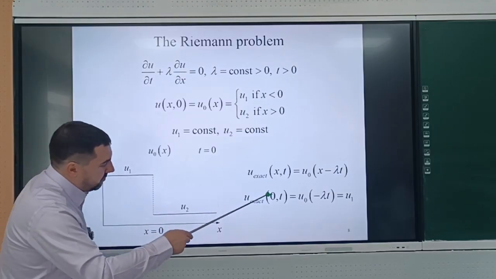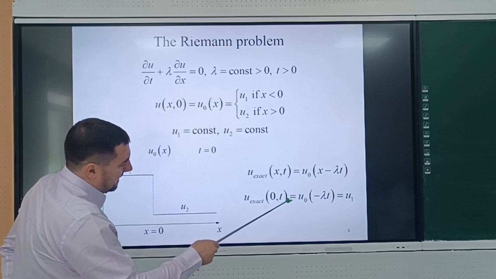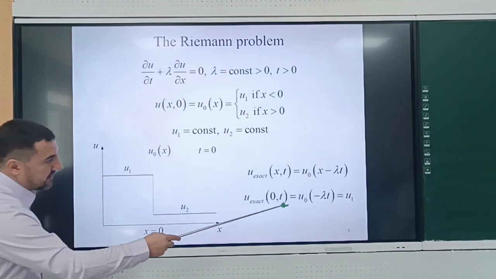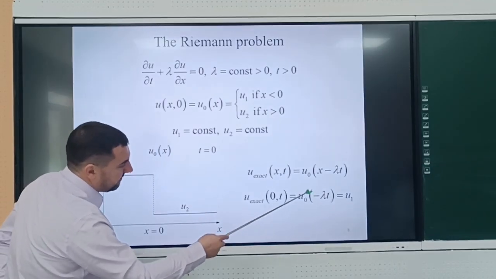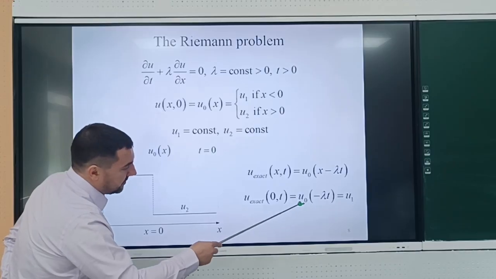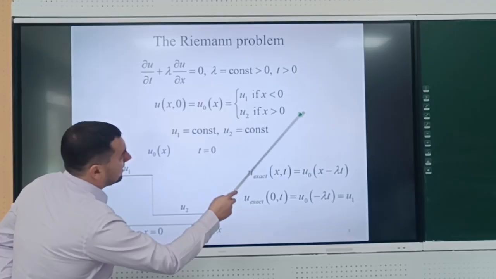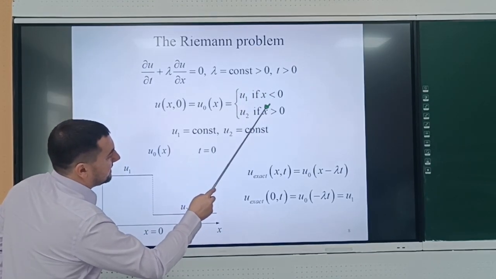For that, we just put 0 into the exact solution. So u exact of 0, t is u0 of minus lambda t. Since lambda is greater than 0 and t is greater than 0, this argument is negative. And u0 of something negative is u1, because u0 equals u1 if x is less than 0.